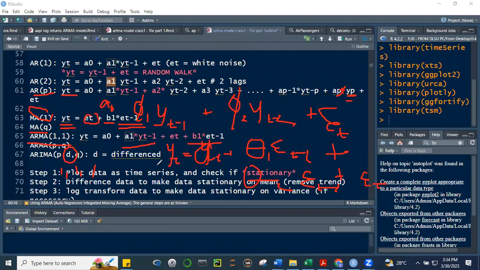What's the meaning of differencing there? When you say differencing, you're now generating a new time series. You're subtracting y sub t minus 1 from y sub t, and the value that you get is now your new time series, your differenced time series.